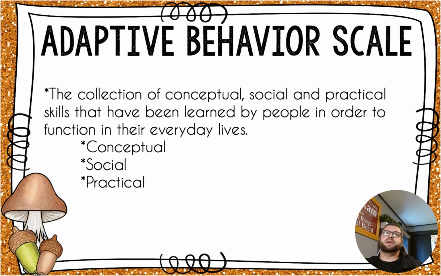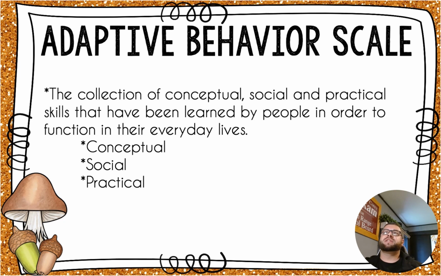The other thing is an adaptive behavior skill assessment has to be done, and the student has to show some clinically significant or at least some very low ratings to qualify for intellectual disabilities.